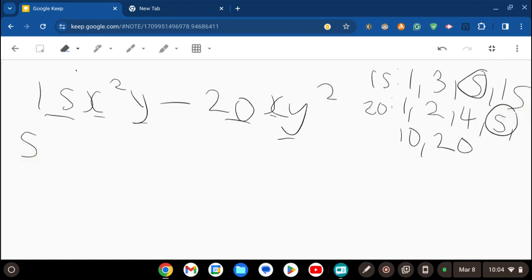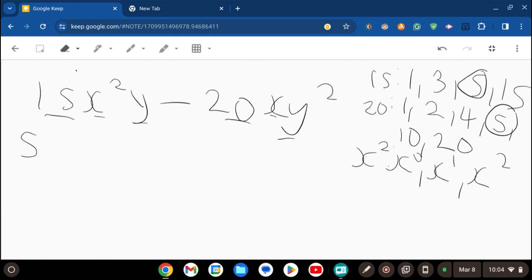And now we can go ahead and find the HCF between x squared and x. First we can list the factors of x squared, which are x to the 0, x to the 1, and x to the 2.